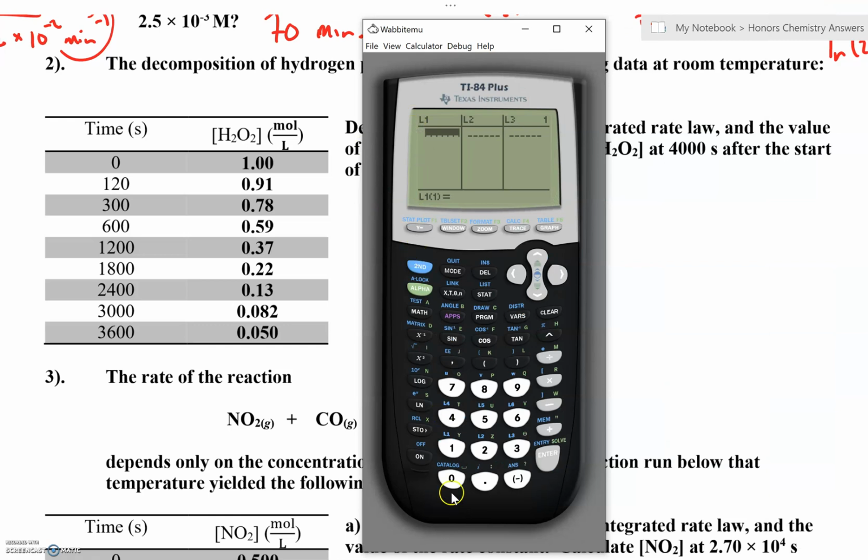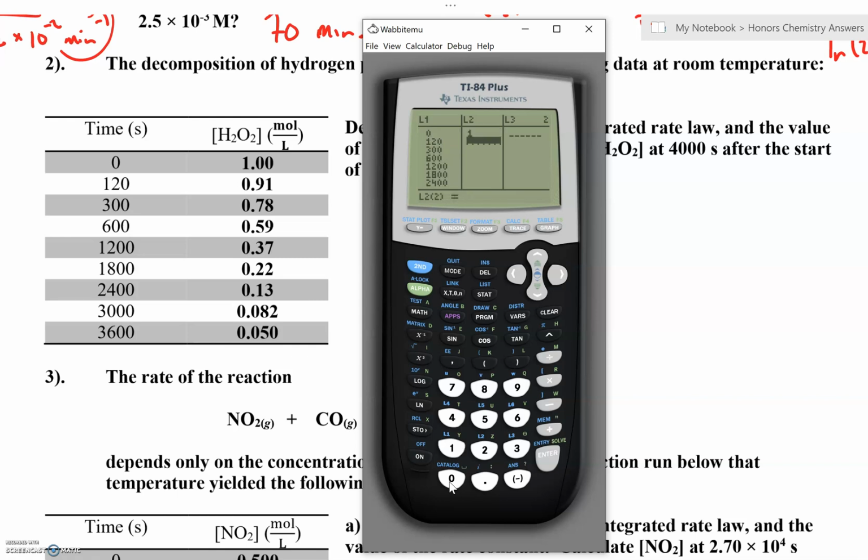I'm going to put time in the L1 column, and let's make sure that we're entering these all correctly. That is time, and that's in L1. In L2, we're going to put the concentration.